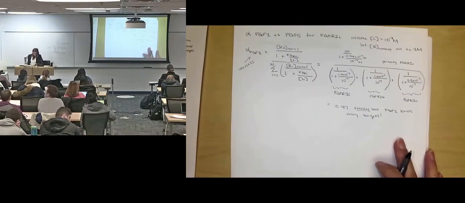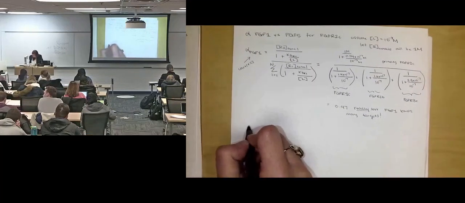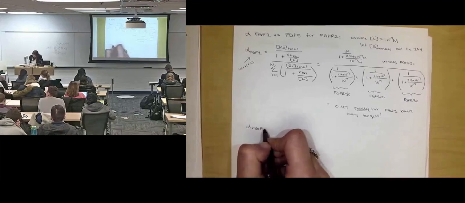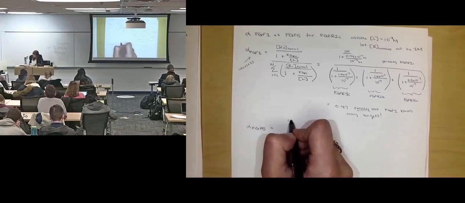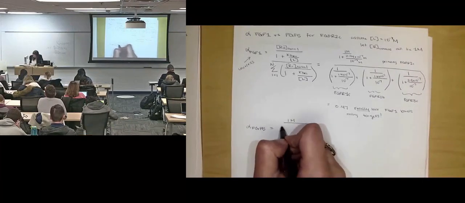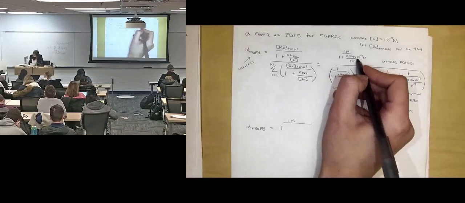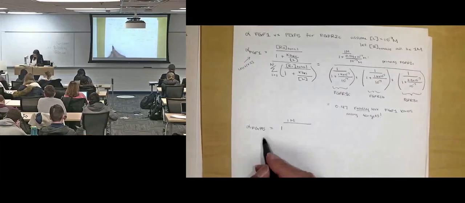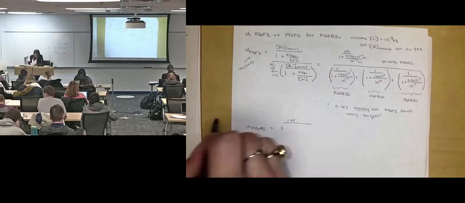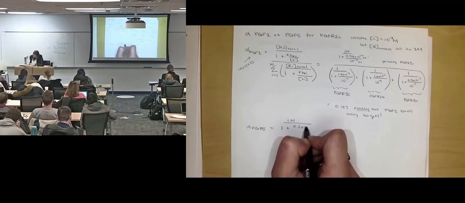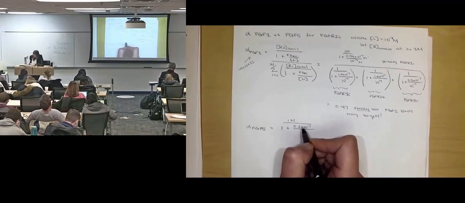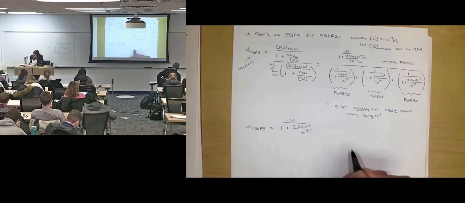Okay. And then if you repeat the process for FGF5, the top's going to look the same except the KD is different for the FGF5 row actually, 5.2 times 10 to the negative 7th all over 10 to the negative 7th.